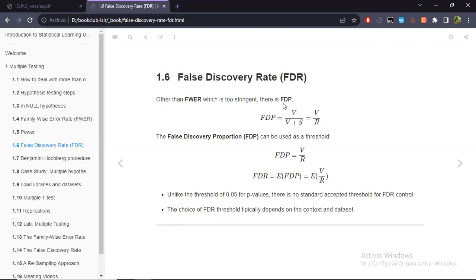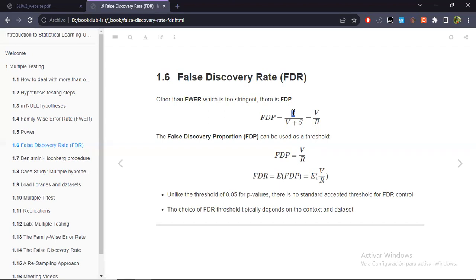It's going to be a way of controlling the amount of discoveries that we can make out of the data, the amount of positives, in the sense that this value over here, B, that was actually the number of false positives.